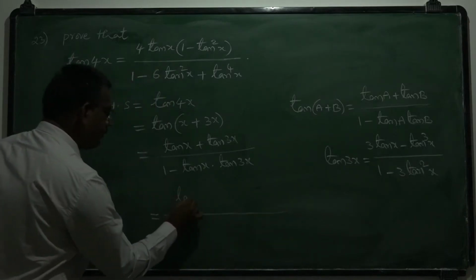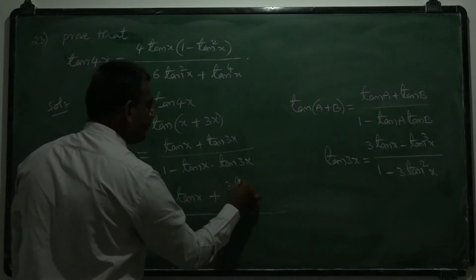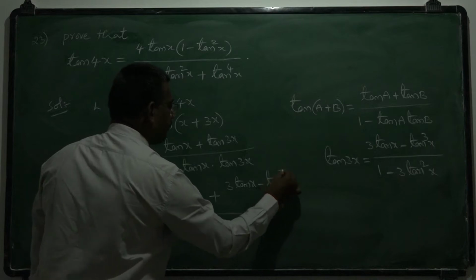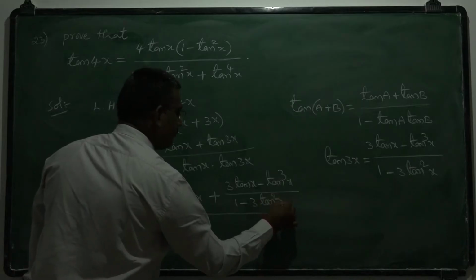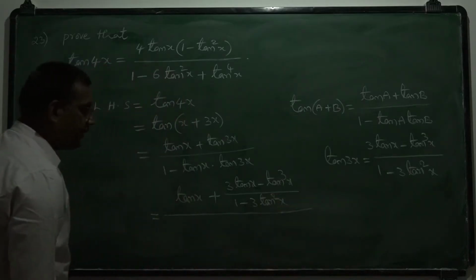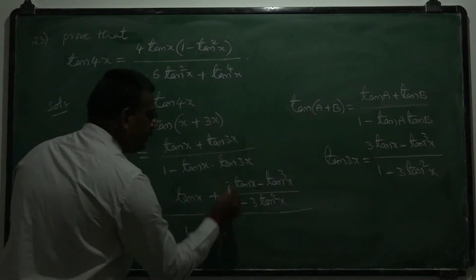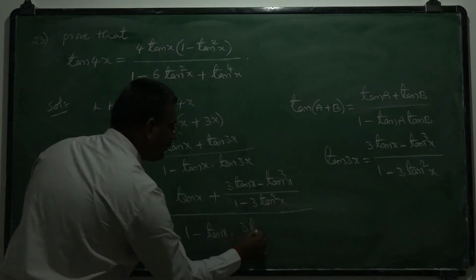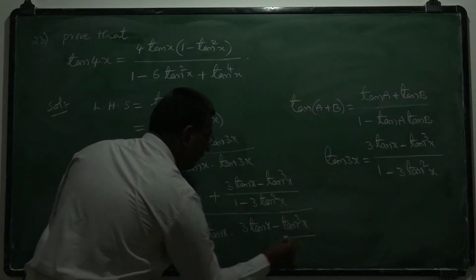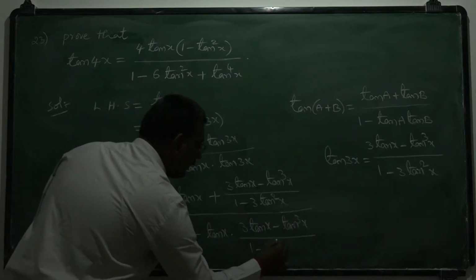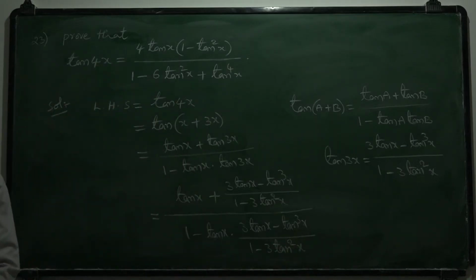Tan x plus 3 tan x minus tan cube x by 1 minus 3 tan square x, divided by 1 minus tan x into tan 3x. Tan 3x will be equal to 3 tan x minus tan cube x by 1 minus 3 tan square x.